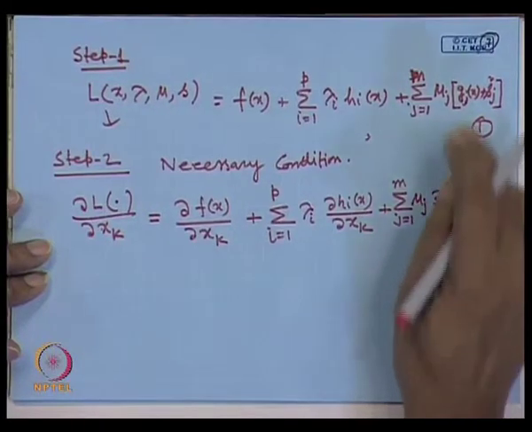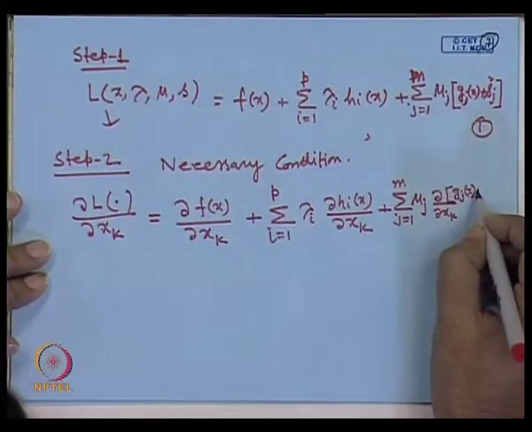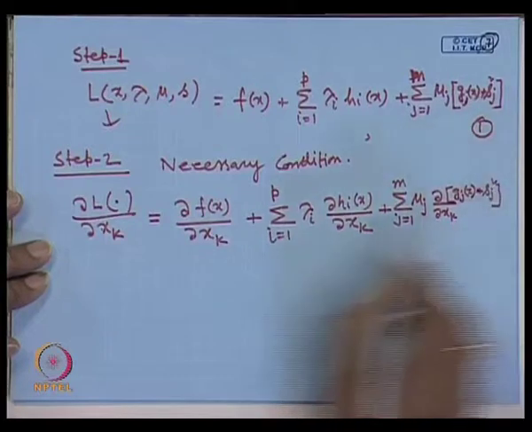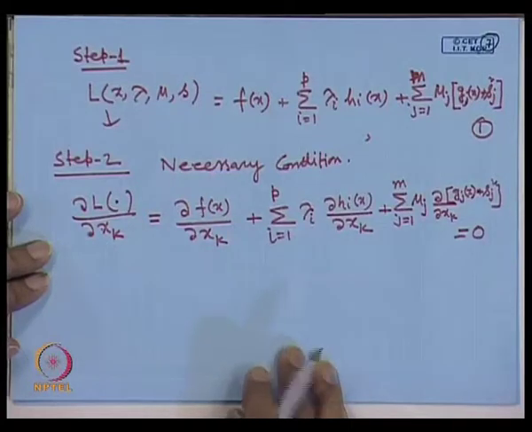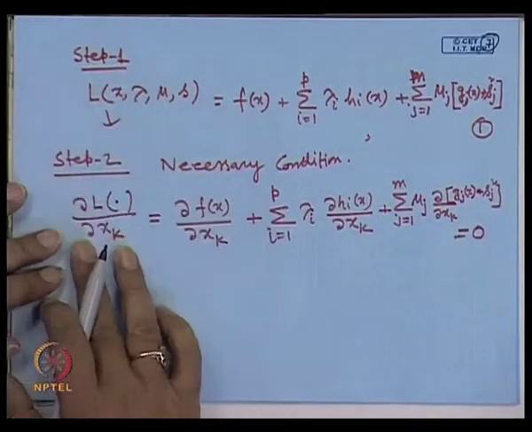This other term will not come into the picture, and that must be assigned to 0. This is our necessary condition, but the necessary condition is not complete.